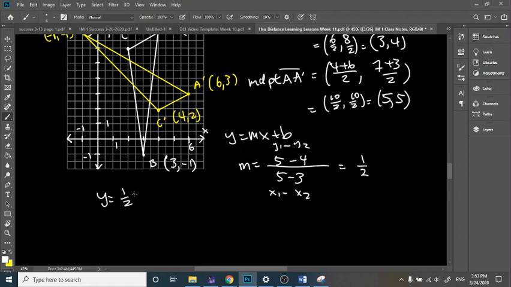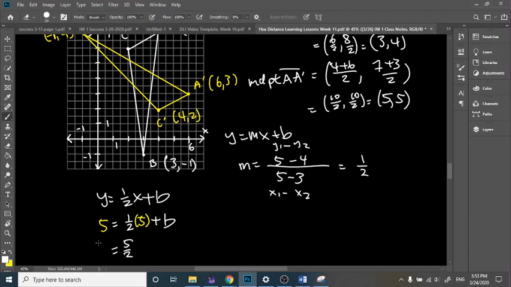So y equals 1/2 x plus b. We can choose any of them to put into here. It does not really matter which one. Let's just choose the 5 one because why not? Okay, so we have 5 equals 5 over 2 plus b.